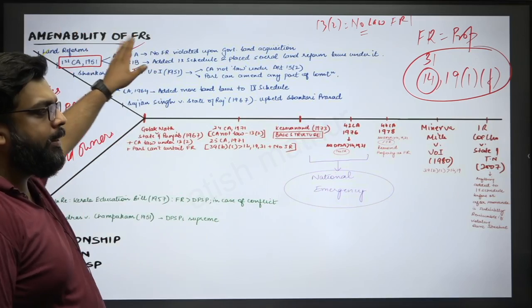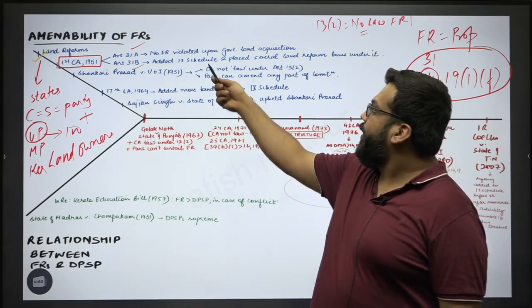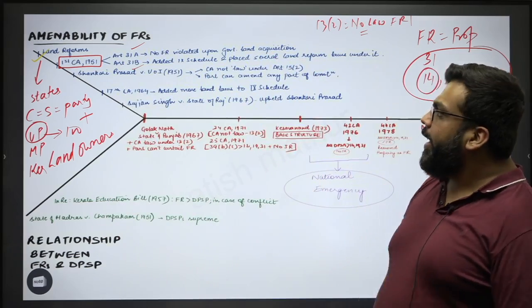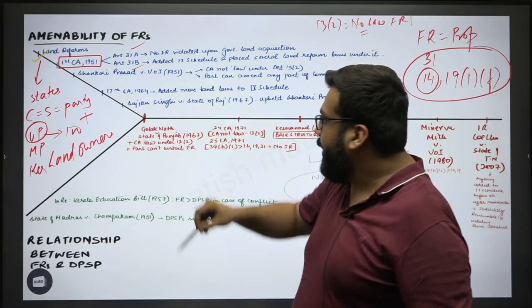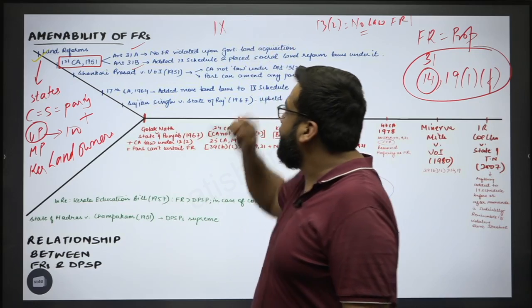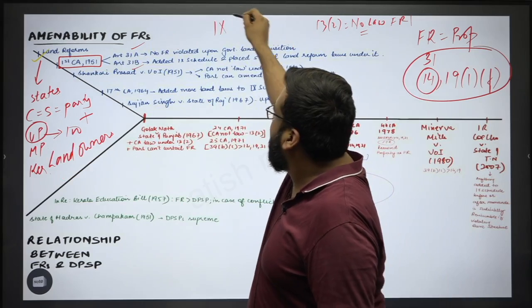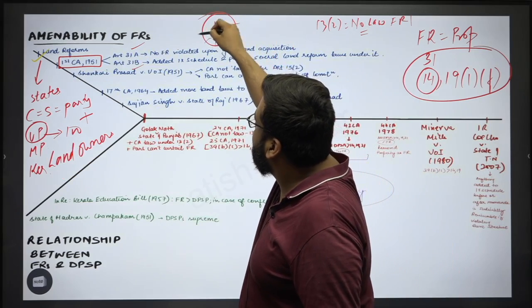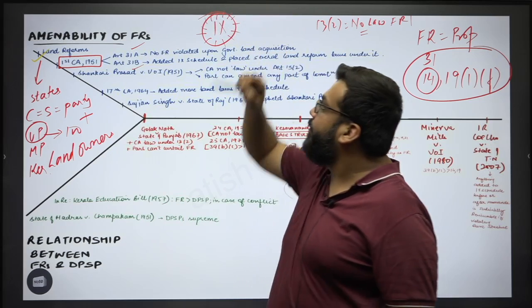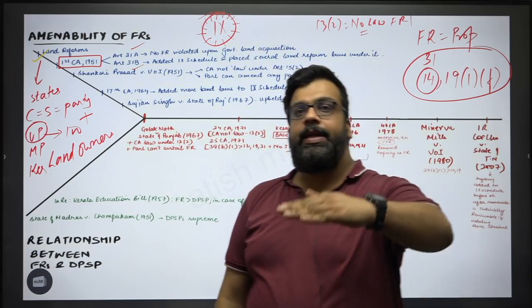They basically said, 31A, that no fundamental right is violated if the government is acquiring your land, and they created a small little box called the 9th schedule, and all these state land reform laws they added to the 9th schedule and said, anything which is inside the 9th schedule cannot be challenged before a court of law. So now what happens is, you've created a barrier.